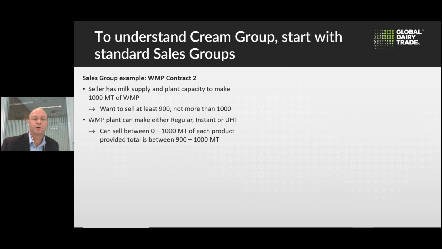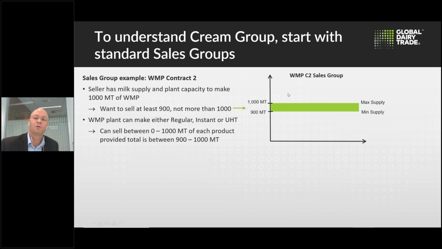Their plant is flexible, it can make regular, instant or UHT, so that means they want to sell a total of 1,000 and they can sell up to 1,000 of each of these products, provided that in total across the 3 products it adds up to not less than 900.